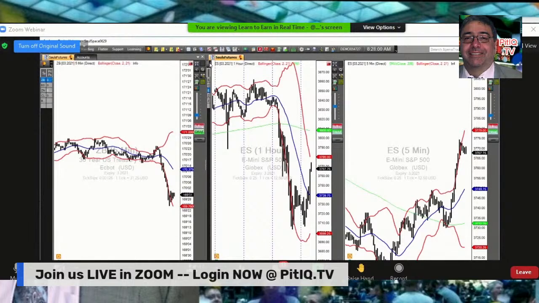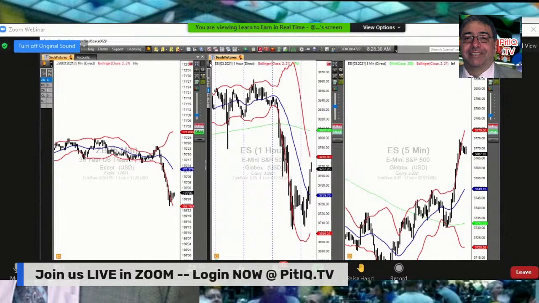Our pivot this morning is 37.67. Resistance at 75, 85, 93, 3801, and 14, and support below at 56, 49, 41, 31, and 23.